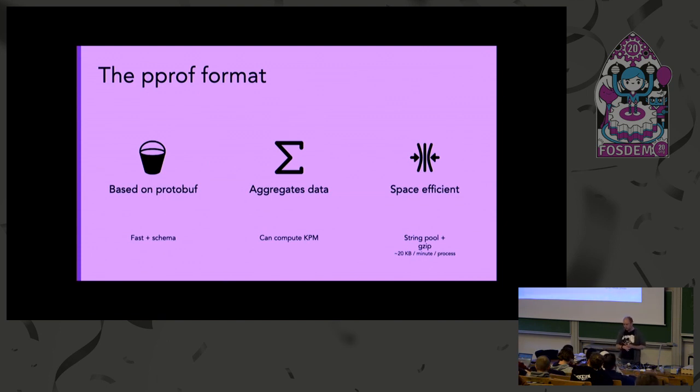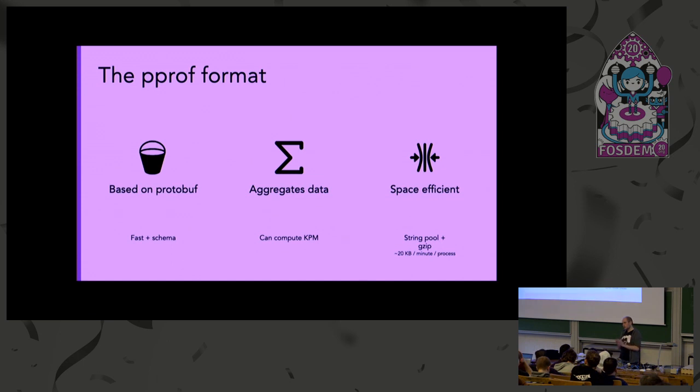The way the pprof format works, it's not going to export everything that you gather, like every sample with every timestamp. It's going to aggregate all of that. So you compute the sum, the average, the minimum, whatever you need, and export all of that with the stack traces at the end. It's pretty space efficient, so we use a pretty simple model of a string pool, because you have a lot of repetition usually: all the functions you're going to see are always the same, and the stack traces are most of the time the same.